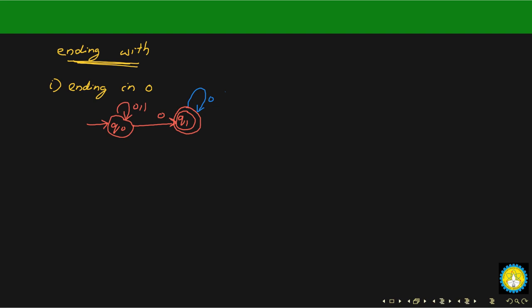Even if you don't show this transition on 0 back to Q1, it will accept all the strings ending in 0, because for an NFA to accept a string, it requires only one branch, only any one of the possibilities of parsing that string. If it stays at Q1, then that's going to be accepted. So showing this 0 transition to Q1 itself is actually not required here.